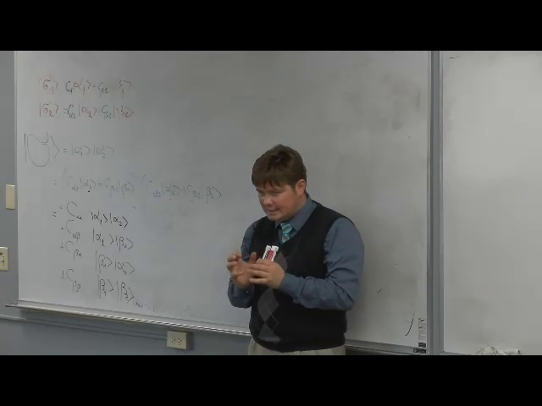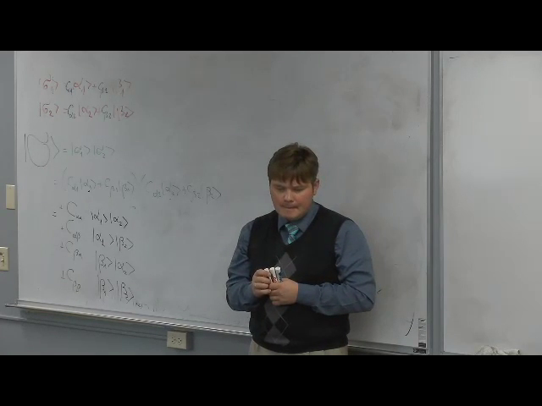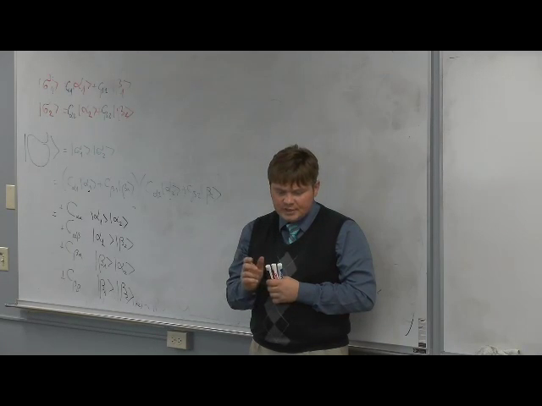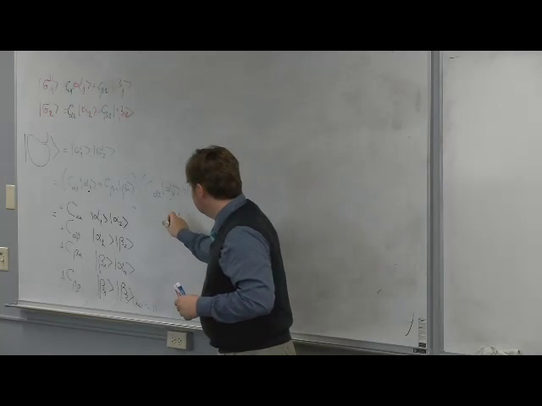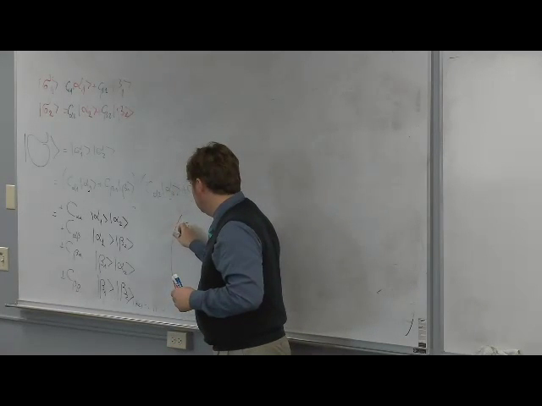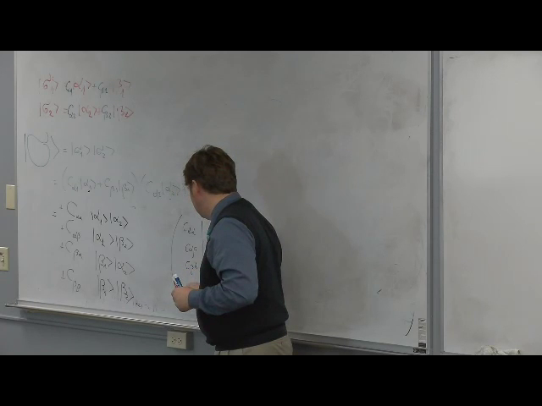So for a state of two spins, we need a set of coefficients: C alpha alpha, C alpha beta, C beta alpha, C beta beta.